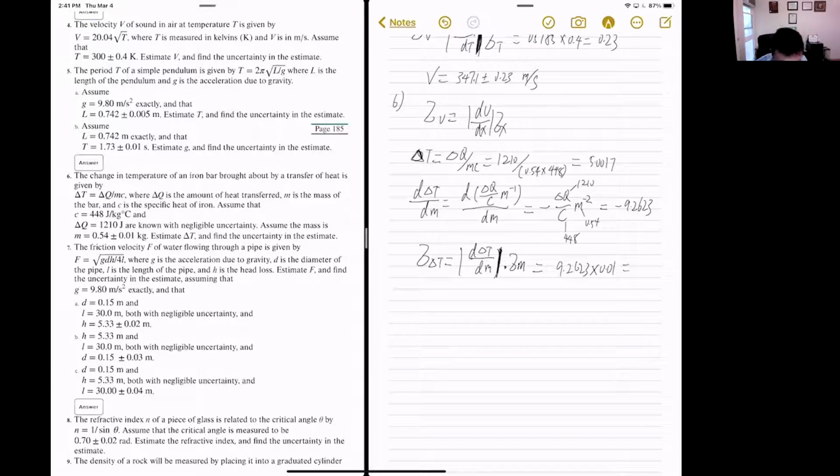So that will become 0.093 degrees Celsius. So we can express delta T as 5.0017 plus minus 0.093 degrees Celsius.